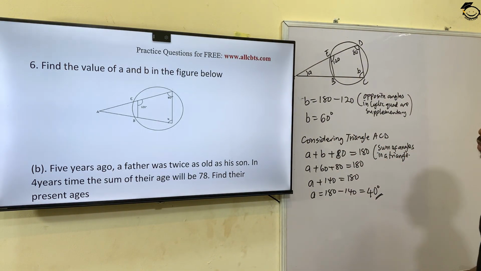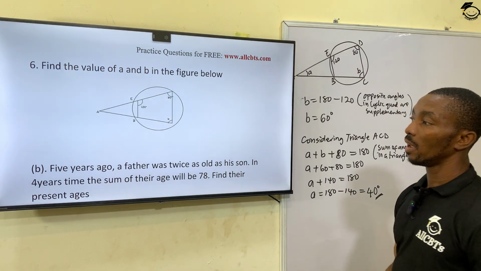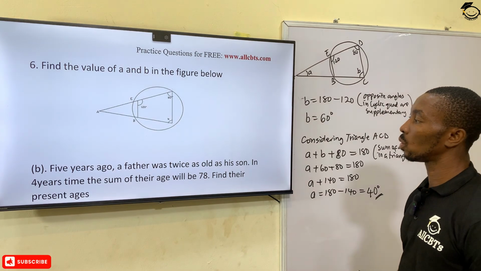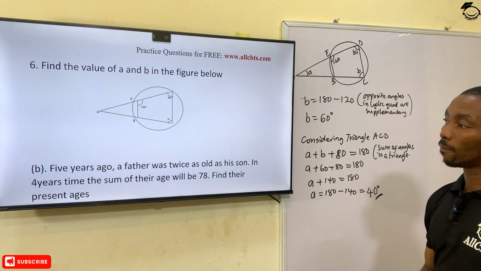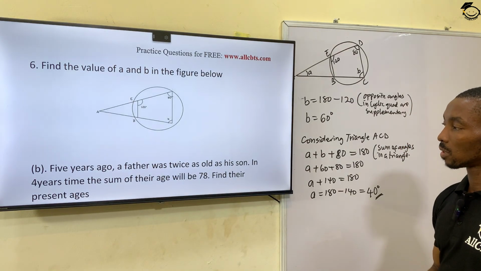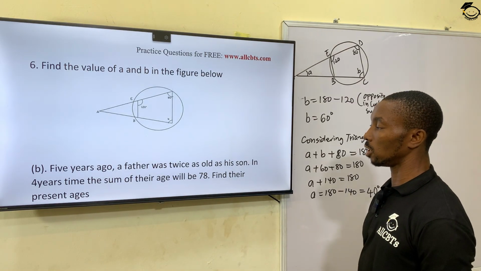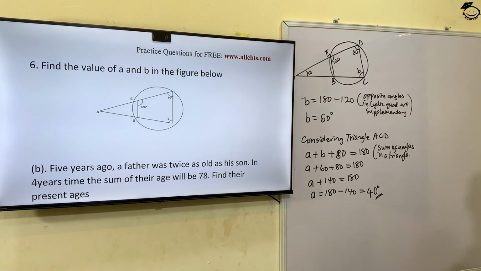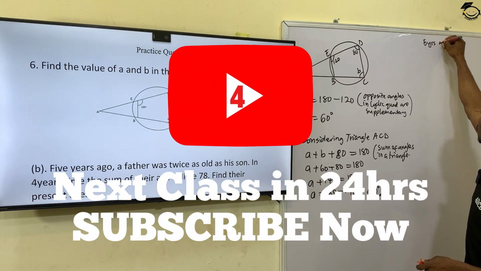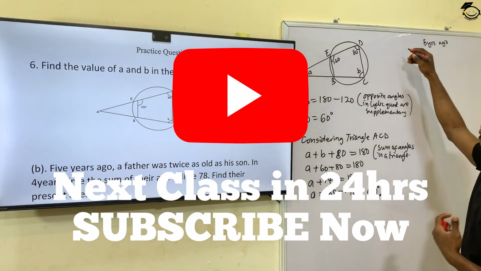All right, now to our second question. It says, 5 years ago, a father was twice as old as his son. In 4 years' time, the sum of their ages will be 78. Find their present ages. Okay, now 5 years ago, that is 5 years past.